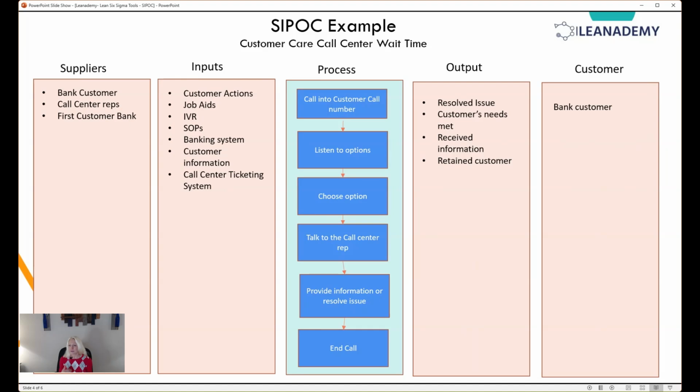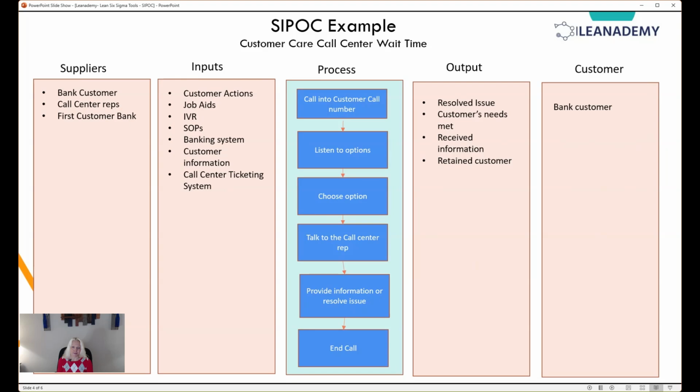The output of this is a resolved issue, and we're also meeting customers' needs. But as a company, we are receiving information and we're also retaining that customer. And our customers are the bank customers. The inputs in here were the customer actions, job aids, and the IVR, the interactive voice response unit, where usually when you call an 800 number, you can choose different options.